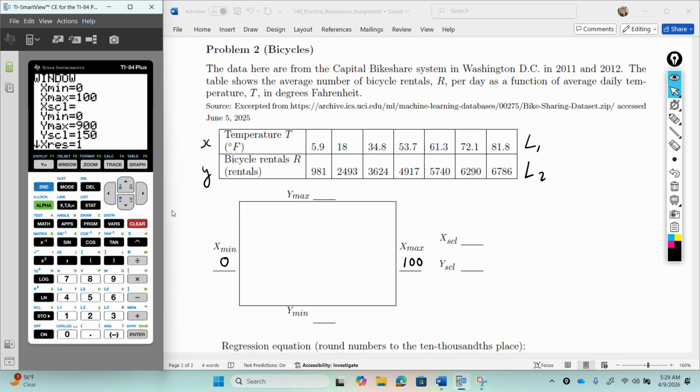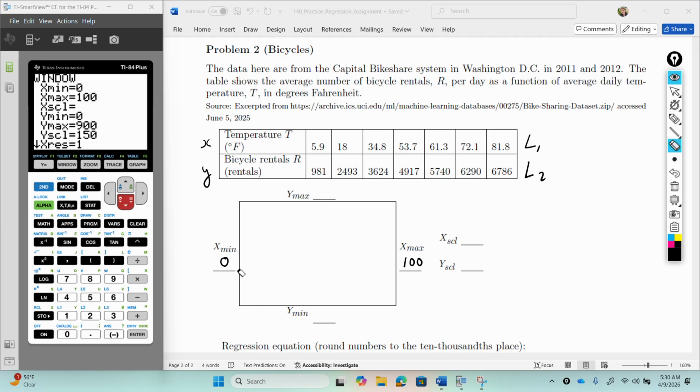All right, now, what about the scale? I want grid marks here. I don't want my grid marks too close, and I don't want my grid marks too far apart. So how much should a grid mark be between 0 and 100?